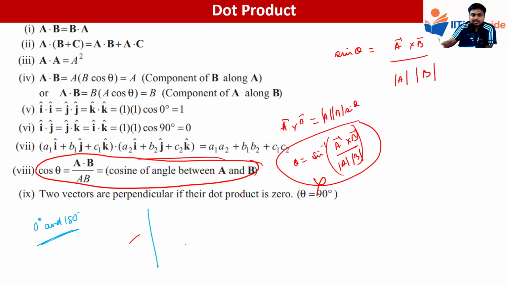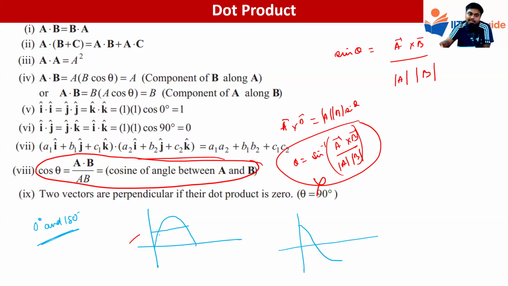So basically, what happens is that sine theta from 0 to 180 is like this. Cos theta between 0 to 180 is like this. So if we get sine theta, we cannot tell what the angle is. Let us say we get 1 by 2. The angle between two vectors can be 30 also, it can be 150 also.